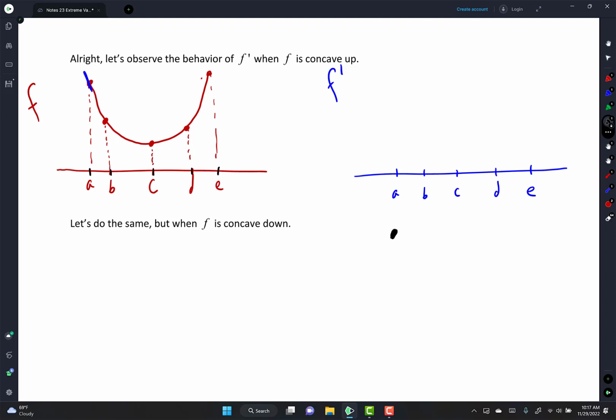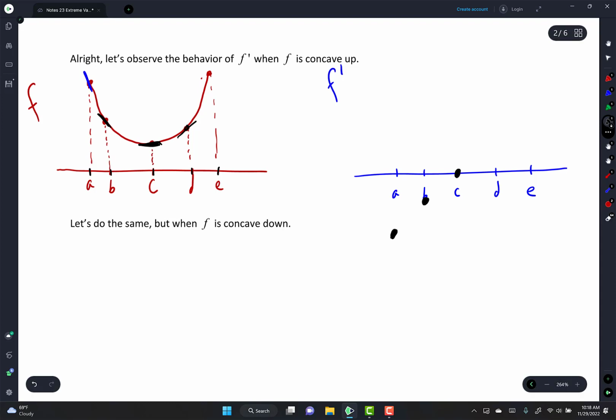I'm going to go to B, and I can see it's still negative, but not as negative. So it's not as steep. Do you guys see that? So I'm going to put a point right there on B. At C, I better be touching the x-axis. Do you guys see that?